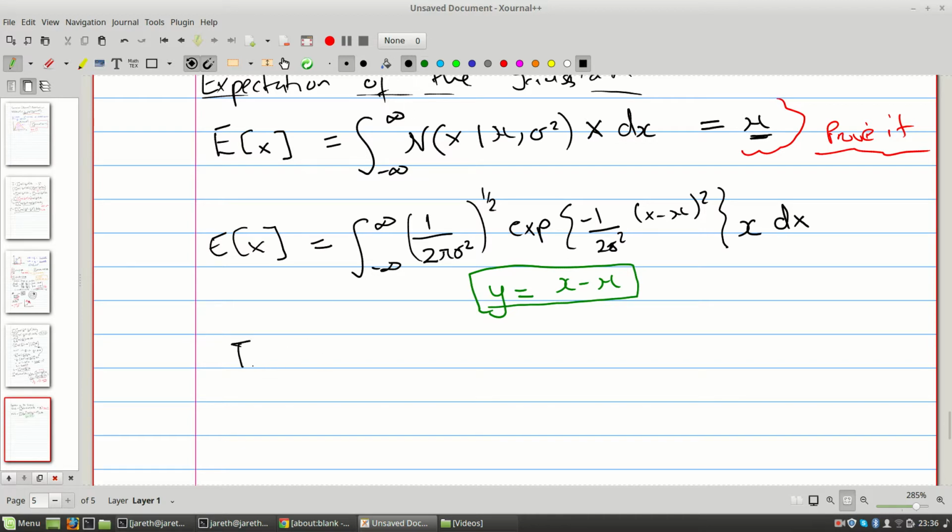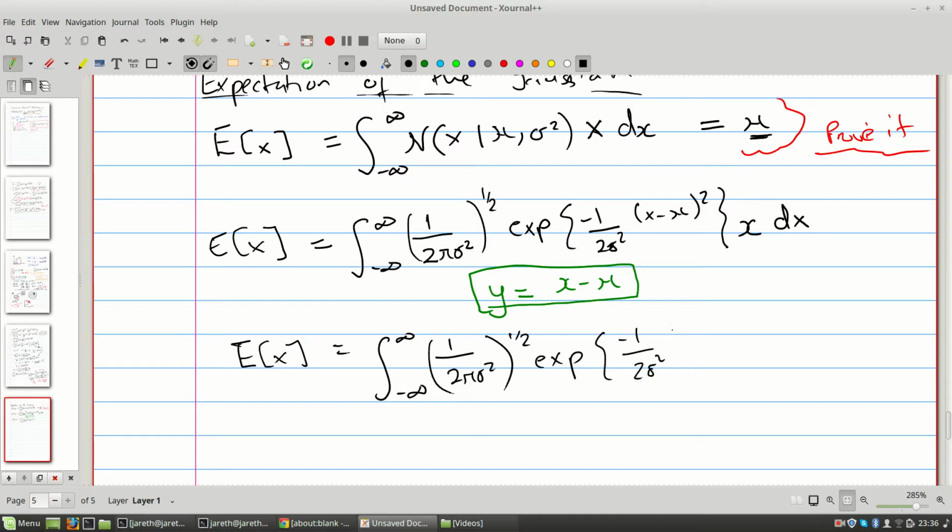The expectation of x is equal to the integral between minus infinity and infinity of 1 over 2 pi sigma squared to the power of a half times the exponent of minus 1 over 2 sigma squared, y squared, times y plus mu, dy. If we put y in place of x, that's what we're going to have here.